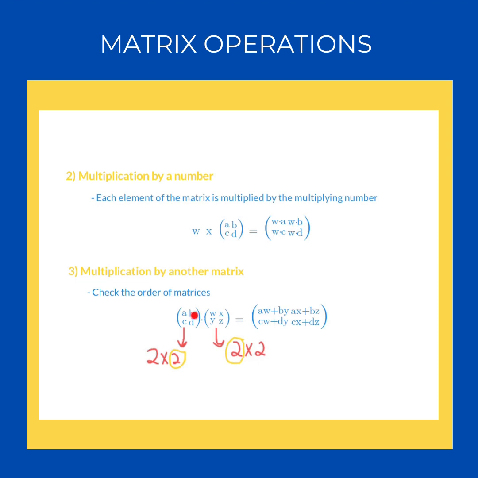Then I multiply the second row by the first column, so C times W and D times Y. I add them together and I will get CW plus DY. And finally, I multiply the second row times the second column, so C times X is CX and D times Z is DZ.